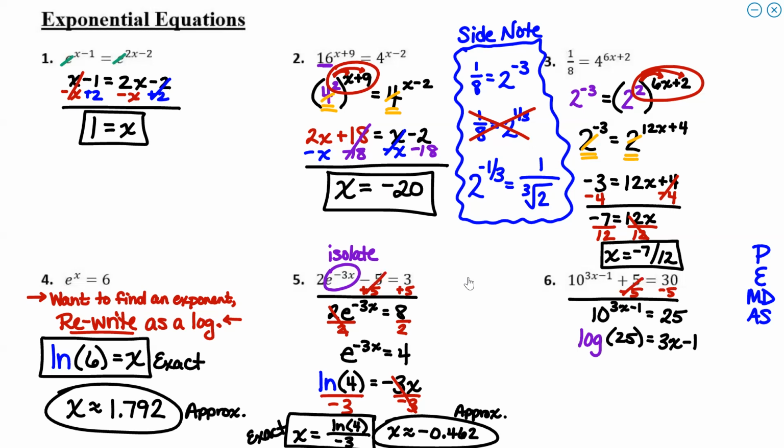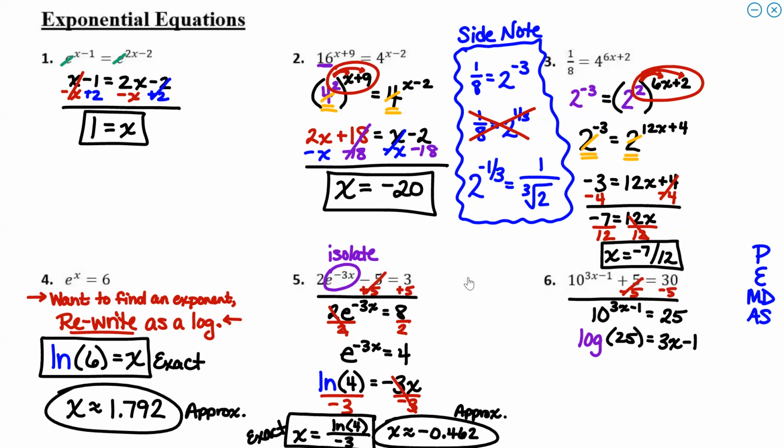We want to get rid of the bases. What operation do we have that will get rid of exponential bases for us? What have we been doing? We took a log. We rewrote it as a log. Well, if I'm going to rewrite this as a log, do I use a base of 2 or a base of 3?